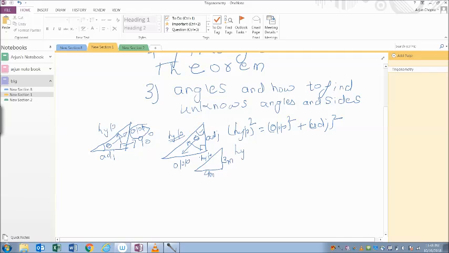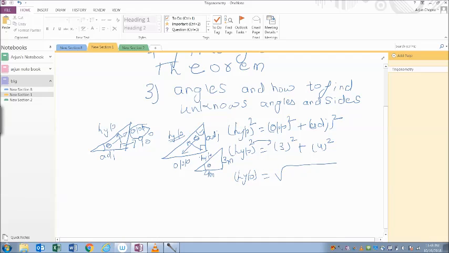So hypotenuse square will be equal to 3 square plus 4 square. Let's say this angle is theta. And notice when this square moves to the other side, it converts into under the root.